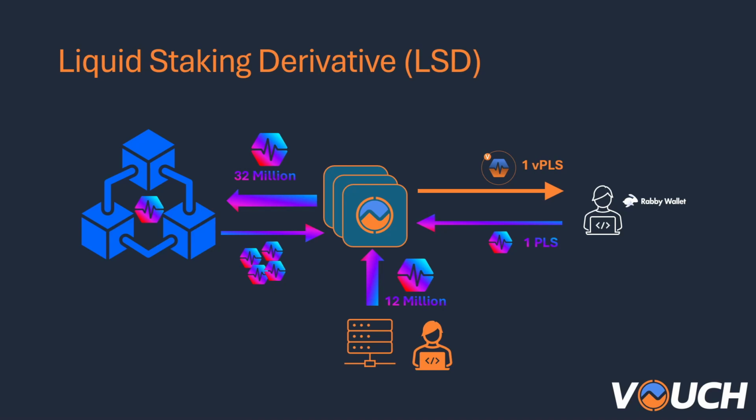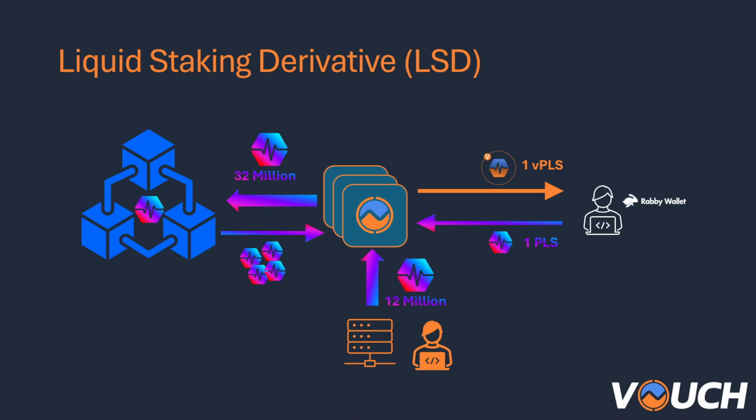And these smart contracts manage all the smarts and the intelligence around staking and reward distribution. In this instance, we've shown someone depositing one Pulse, and in return, they're getting their liquid staking derivative token, one VPulse. So they put one Pulse in, get one VPulse out.